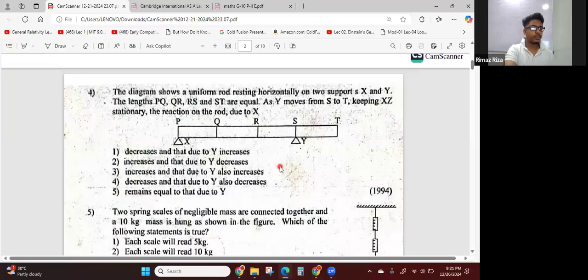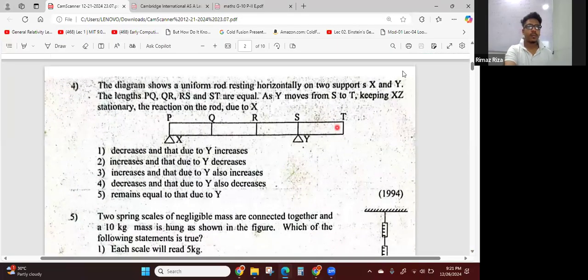Okay, question number 4. The diagram shows a uniform rod resting horizontally on two supports X and Y. The length PQ, QR, RS, SP are equal.